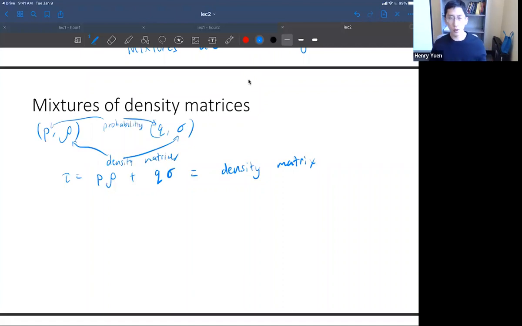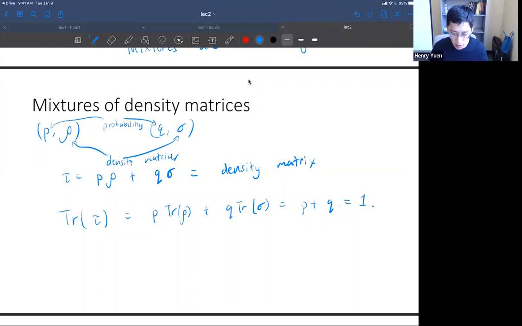Assuming P and Q sum to 1, this is a valid density matrix. You can check the trace of tau is P times trace of rho plus Q times trace of sigma, which is equal to P plus Q, equal to 1. So you can just combine density matrices in this really natural way.